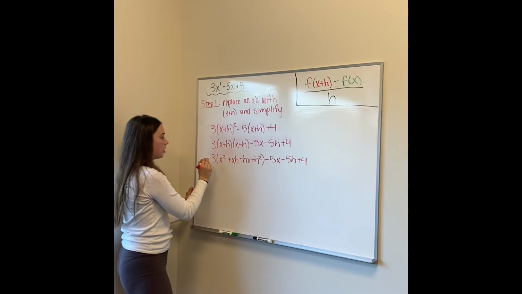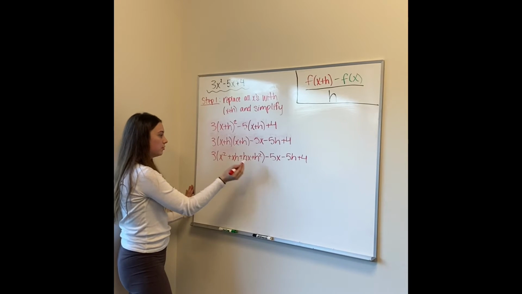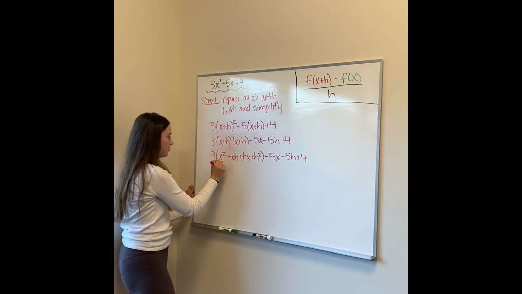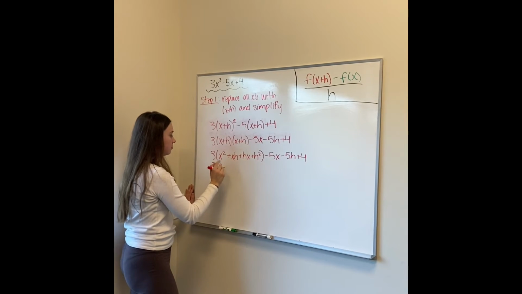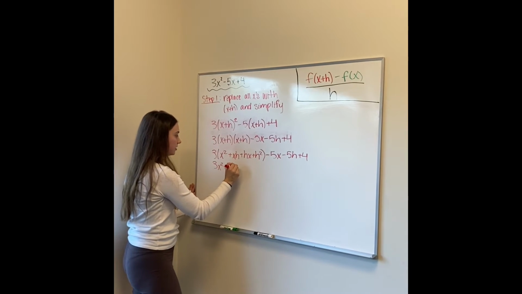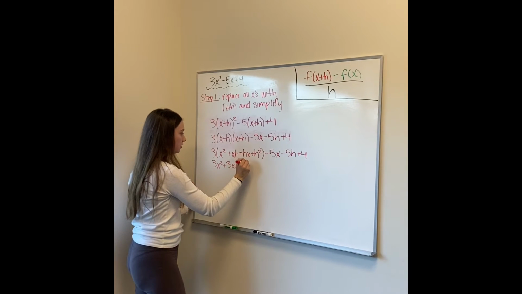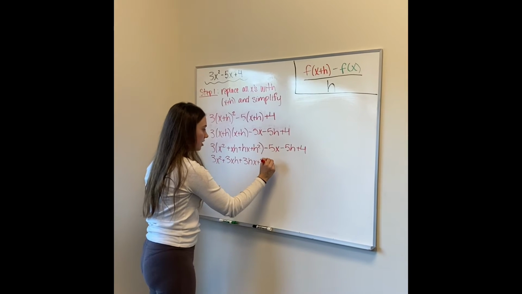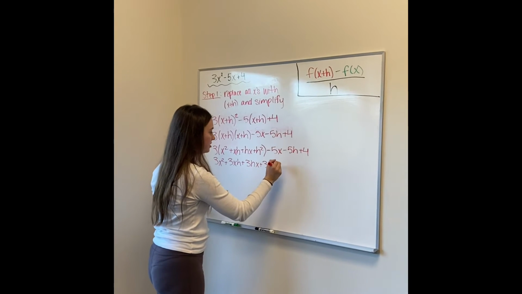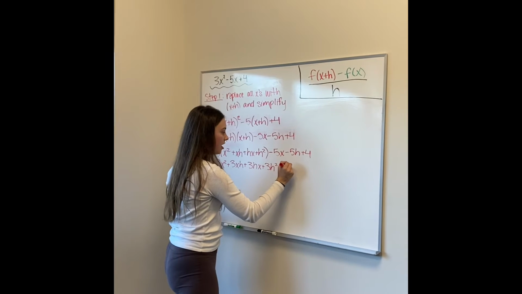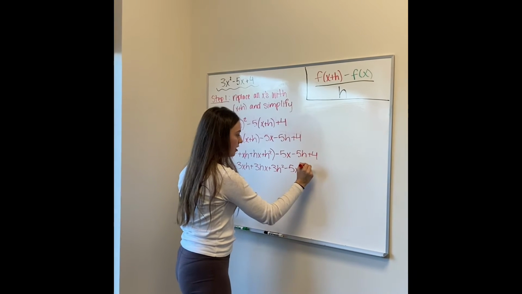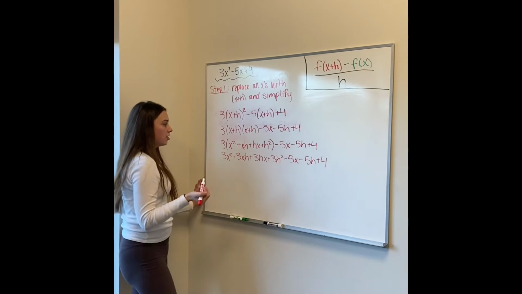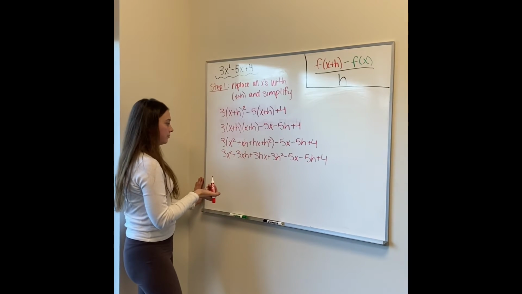And then we're going to go ahead and multiply this 3 through all of that in the parentheses. So it's going to be 3x squared plus 3xh plus 3hx plus 3h squared, and then again bring that down, so minus 5x minus 5h plus 4. And then we're going to find all the common factors and add them together.